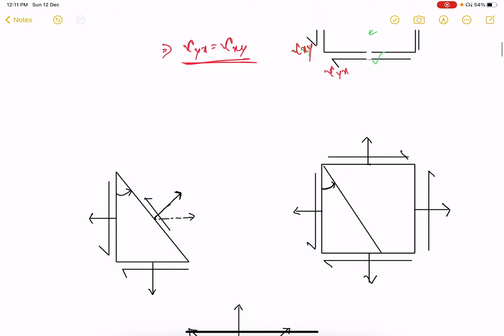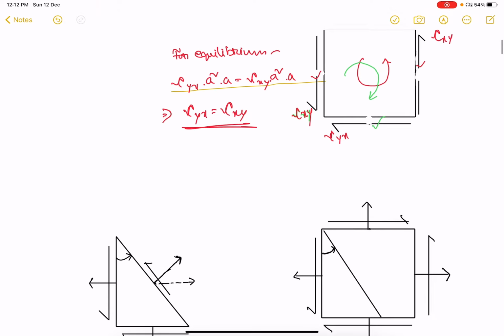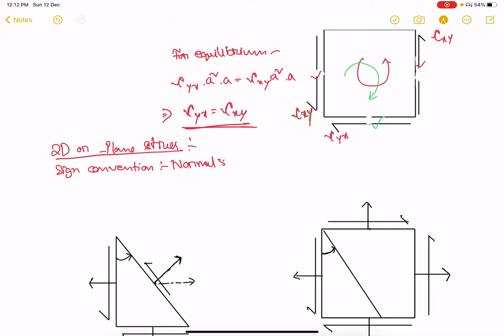Now we start a new topic, 2D or plane stress. Sign convention, as always. For normal stress, tension is positive and compression is negative.